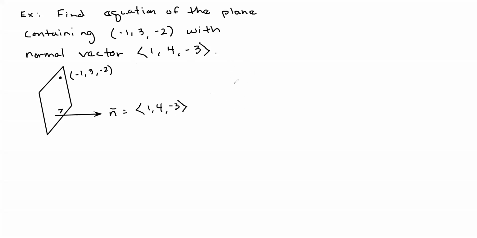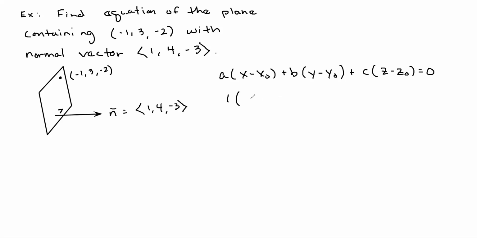As far as defining the equation, all we need to do once we've got a point and the normal vector is to just take those and plug them in. So here's our general form. A, B, C are going to be our components from our normal vector, and X naught, Y naught, Z naught are point values.